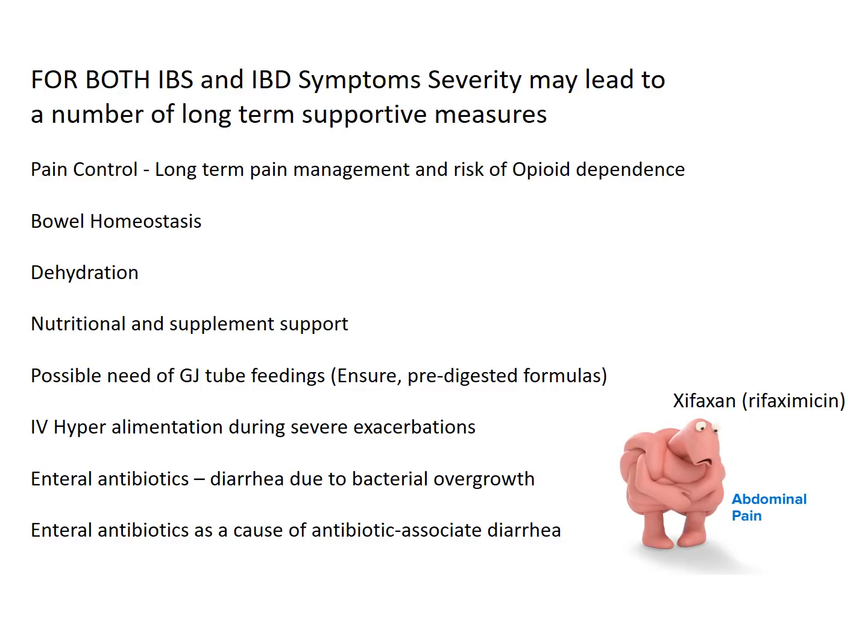Enteral antibiotics to prevent bacterial overgrowth may be useful. Rifaximin, Xifaxan, is a newer antibiotic on the market whose indication is for bacterial overgrowth. Sometimes you may see that in certain individuals with IBS or even IBD.